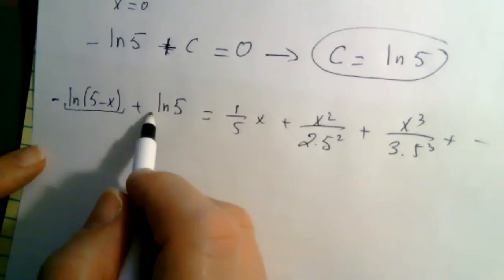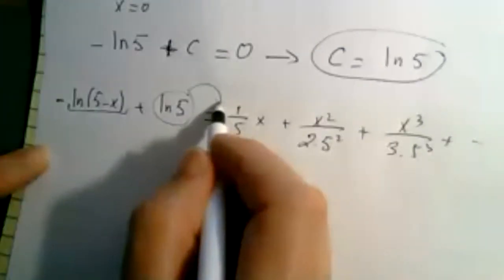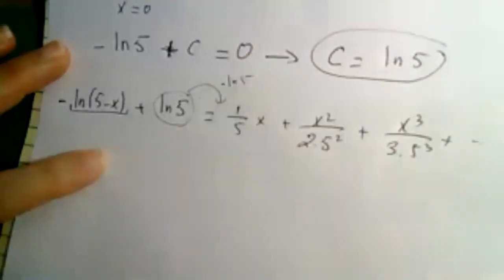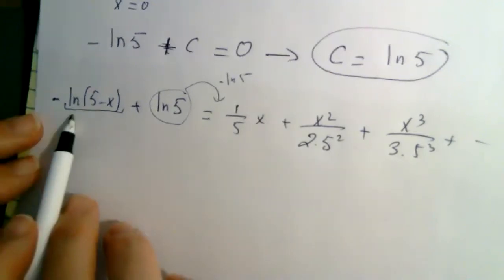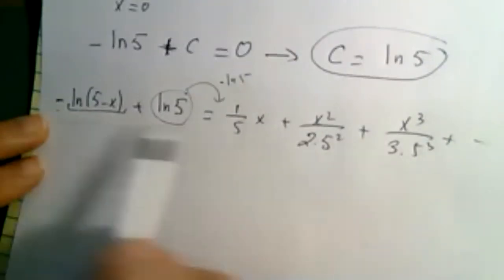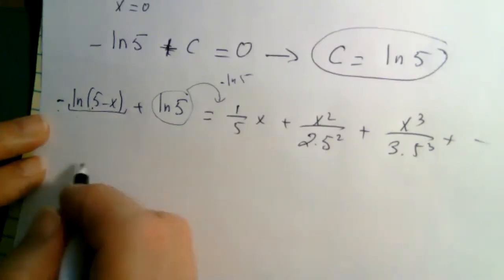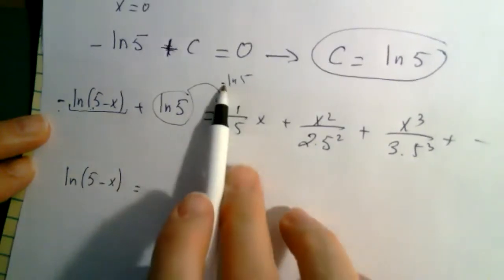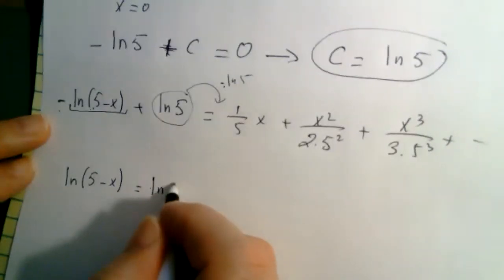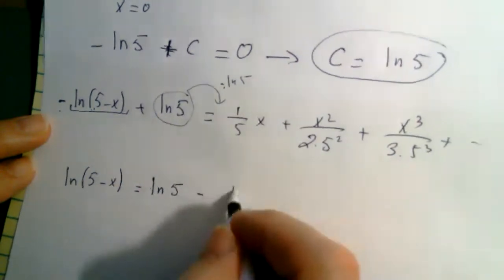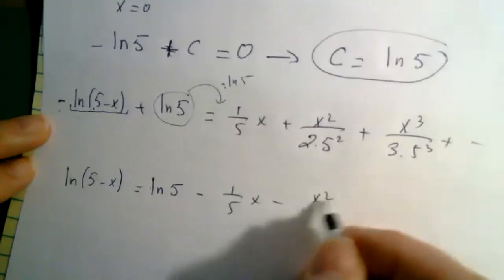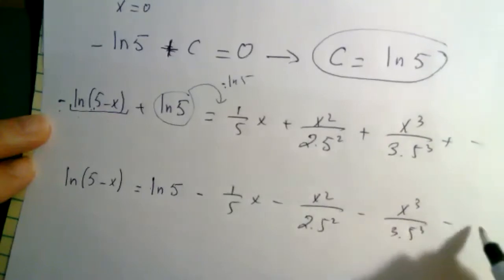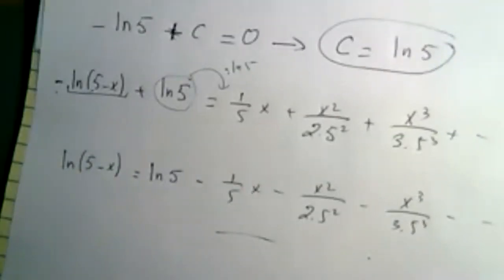I'm going to bring the ln of 5 over here, and it will become minus ln of 5 when I bring it here. Then I have to multiply across by a minus to totally isolate the ln. So finally, ln of 5 minus x is going to be equal to this minus ln of 5. I'm going to multiply by a minus across the board: minus this, minus that, et cetera. Okay, so that's how we do it.